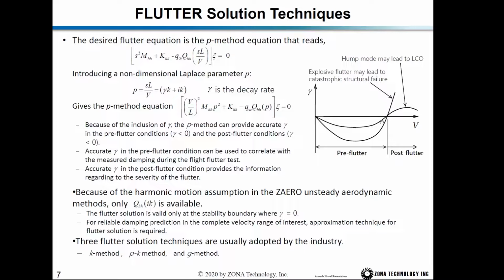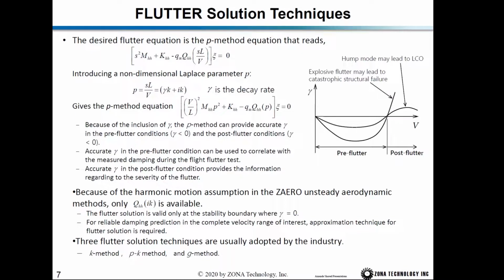However, when the damping line crosses the zero damping line with a shallow crossing, we know in reality when Flutter occurs, the amplitude of the structural oscillation becomes larger and larger to a point that, because the damping is small and at large amplitude, it may bring in other nonlinearity like nonlinear aerodynamic effect and nonlinear structural effect.